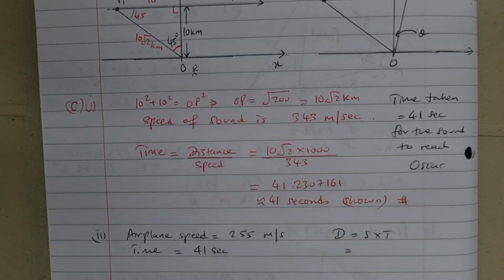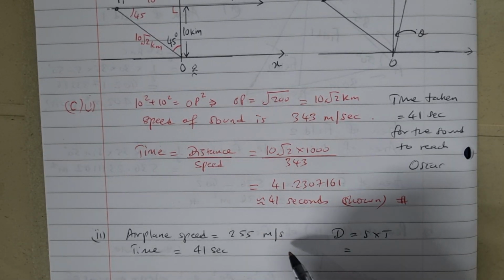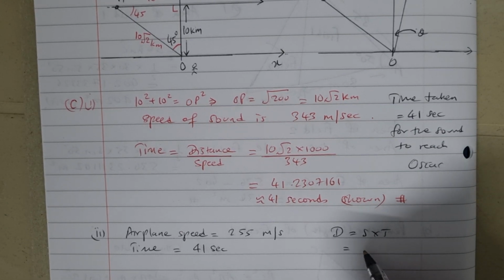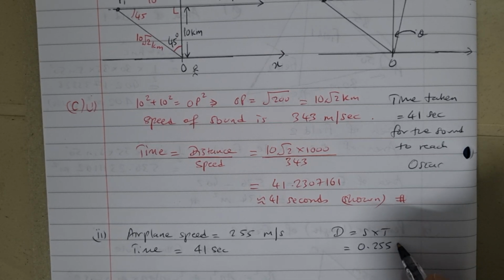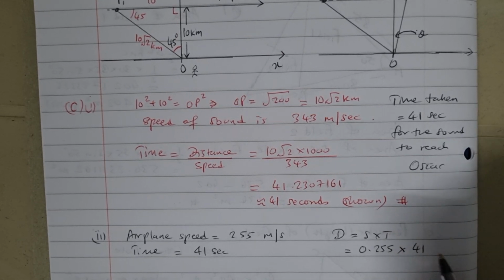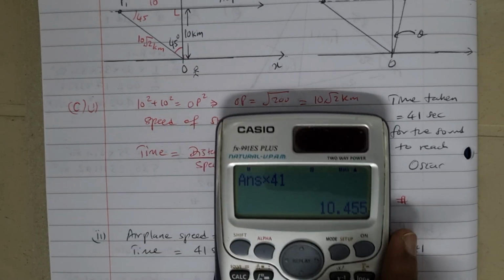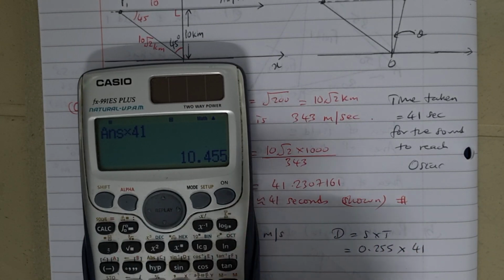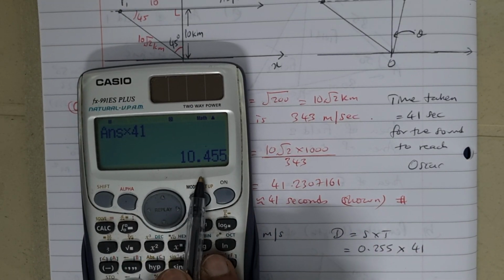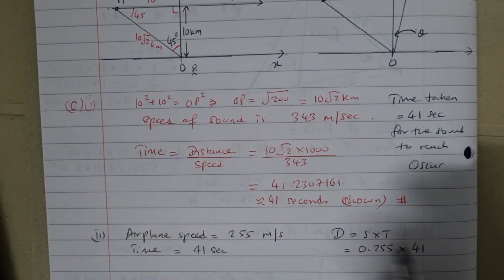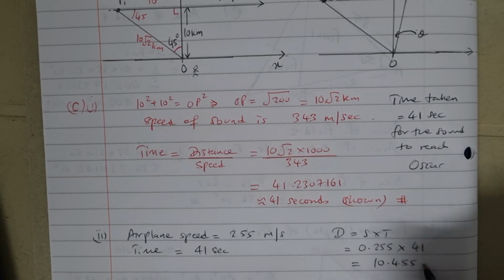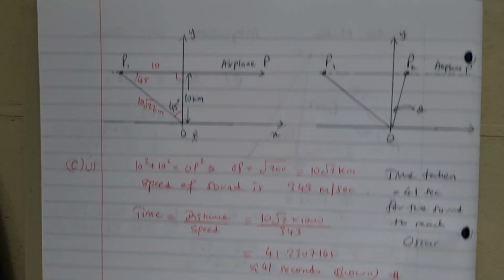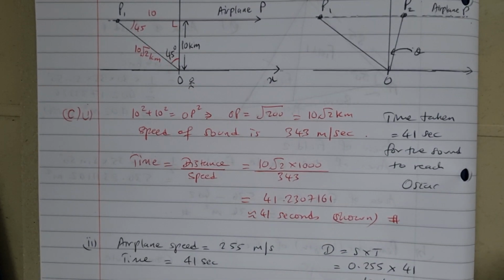It is 255 meters per second. All right, and so that's going to be 0.255 kilometers per second, times the time taken, which is 41. If we do this on the calculator, we're going to get 10.455 kilometers. So basically, that's the whole distance. That is P1 to P2.